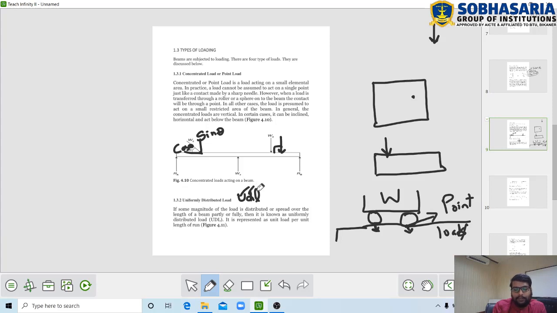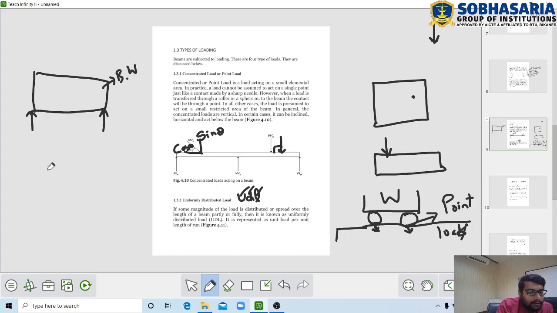As the name suggests, uniformly distributed load means it is distributed on the beam with a uniform, constant intensity. Example, like this is a support, this is a beam. You can say you have built a brick wall on top of the beam. So, this is a brick wall.